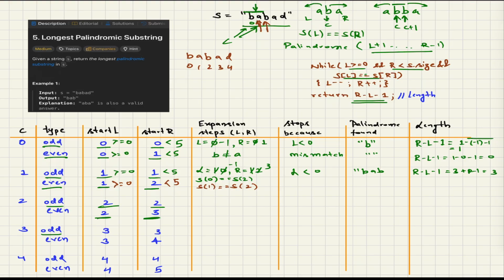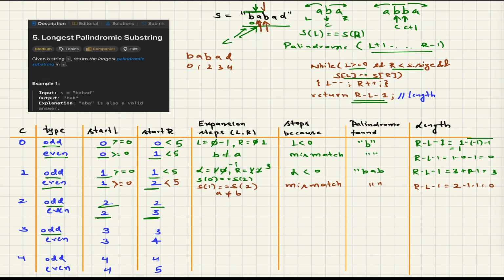So my S of 1 is nothing but A, and obviously I know A is not equal to B. I'm going to come out of the loop. So we are stopping because of the mismatch, and I'm going to return r minus l minus 1. Basically r is 2, l is 1, minus 1, which is nothing but again 0.